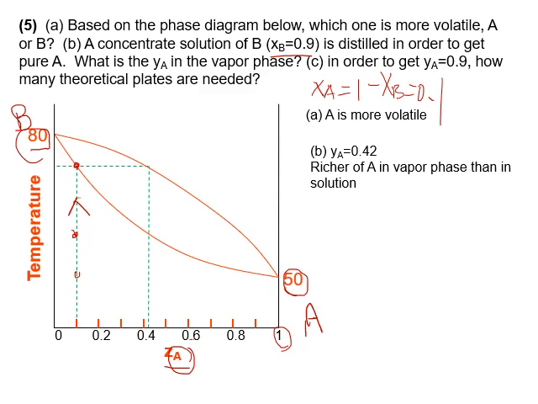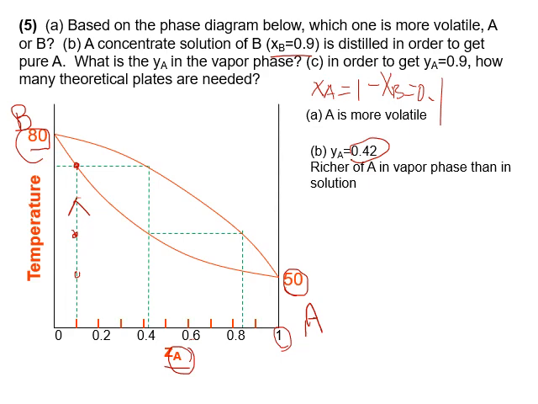Now question C, in order to get 0.9 A in the gas phase, how many theoretical plates do you need? One theoretical plate is not enough. You only get 0.42. That's one theoretical plate. You need the second one. So you let the vapor phase become liquid and vaporize again, and now you get about 0.885, and that's still not enough.